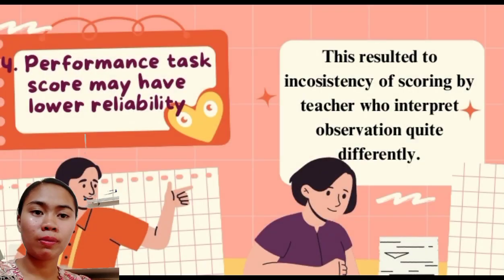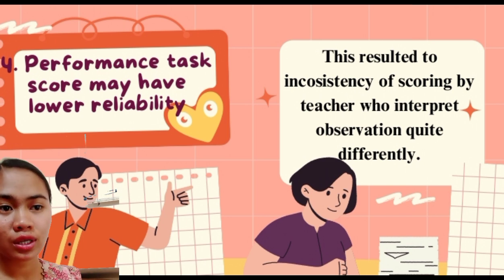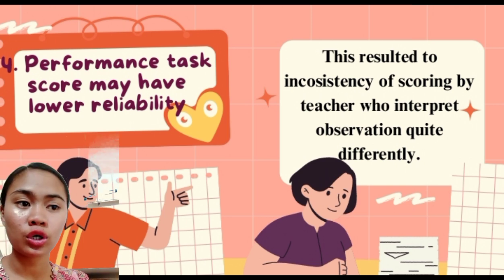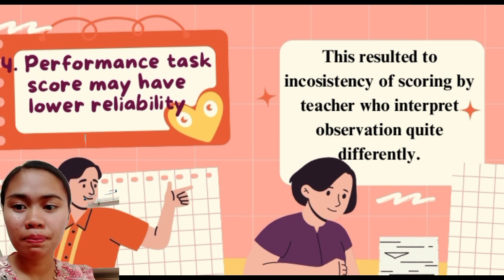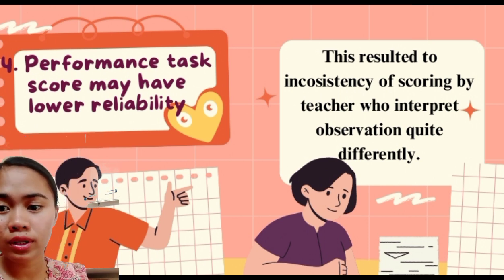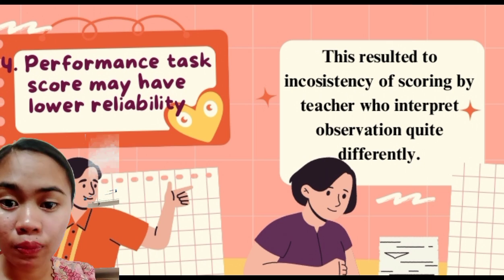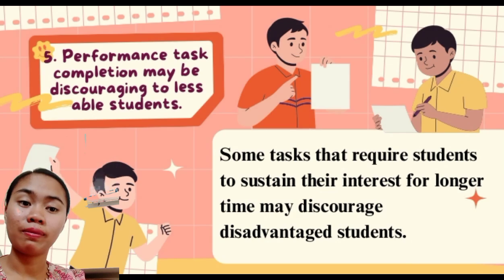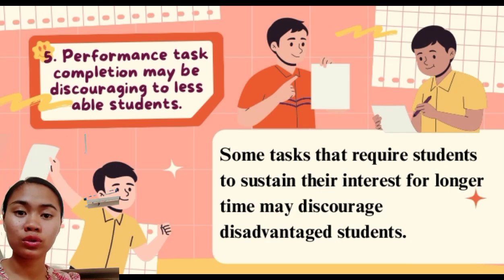Next, the performance task score may have lower reliability. This results in inconsistency of scoring by teachers who interpret observations quite differently. For example, a subjective art critique where students are asked to interpret and evaluate a piece of artwork with specific criteria or rubrics. Next, performance task completion may be discouraging to less able students.